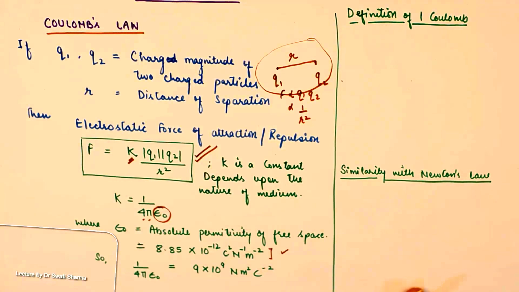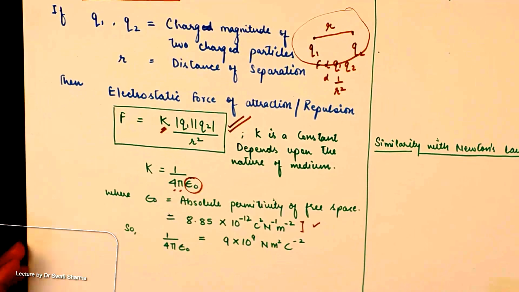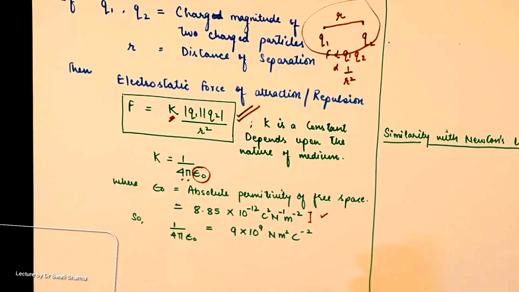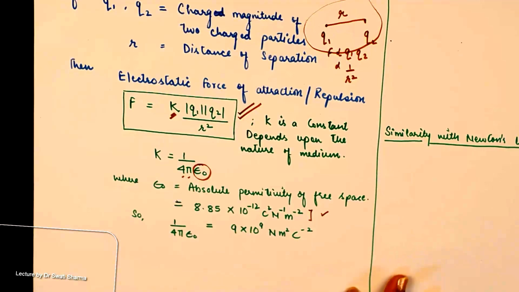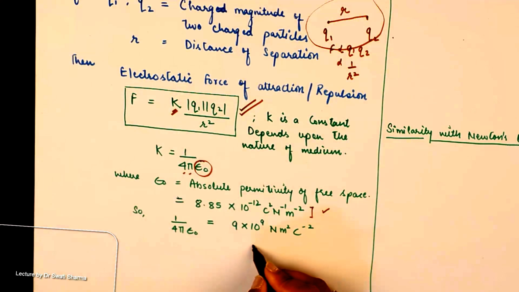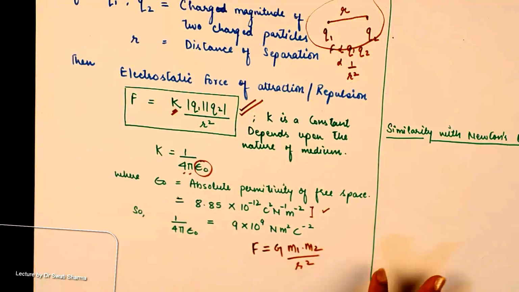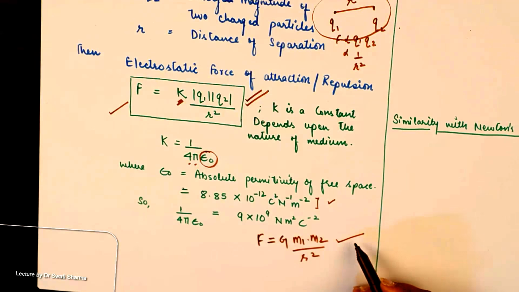And I would also like to compare Coulomb's law of electrostatic force with a similar law. If I write Newton's equation for gravitational force, which is F equal to G m1 m2 upon r square, I would want you to concentrate on this equation of force given by Coulomb's law and this equation of force given by Newton.